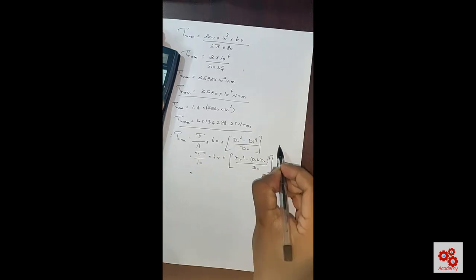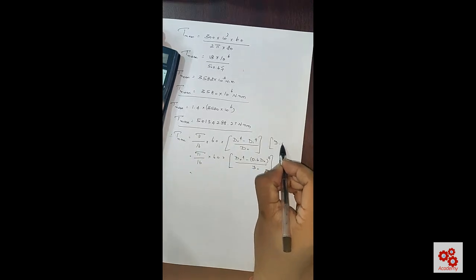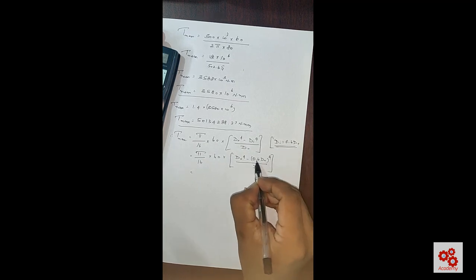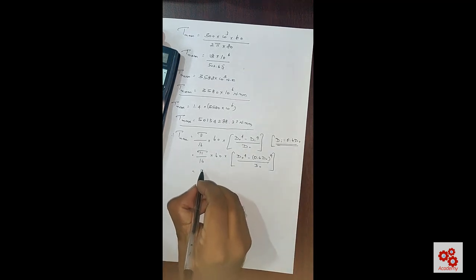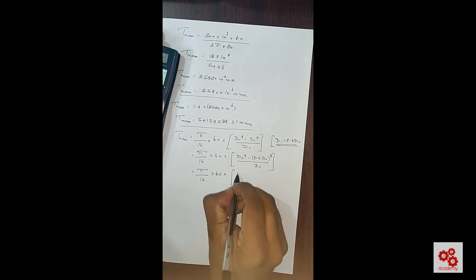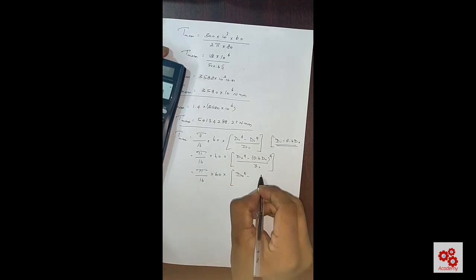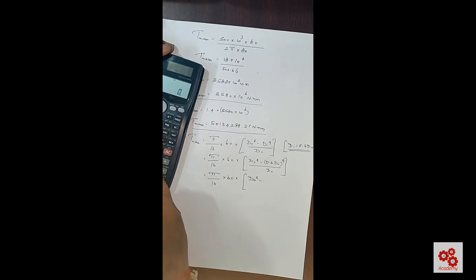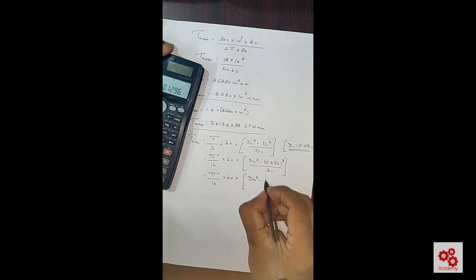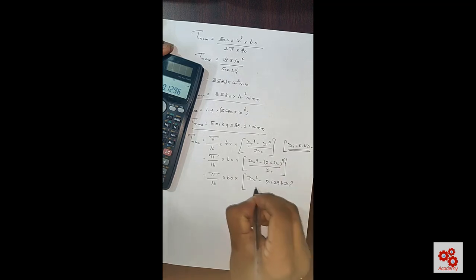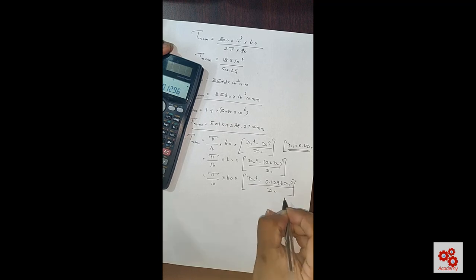Here di is 0.6 of d naught, so we substitute 0.6 for di. So it is pi by 16 into 60 into d naught power 4 minus 0.6 power 4, and we get 0.1296 d naught power 4 divided by d naught.